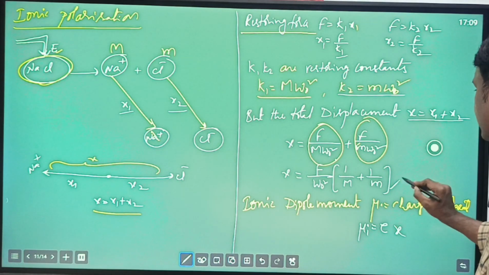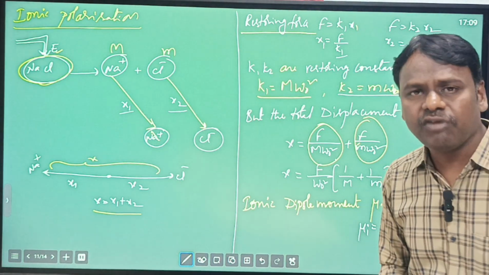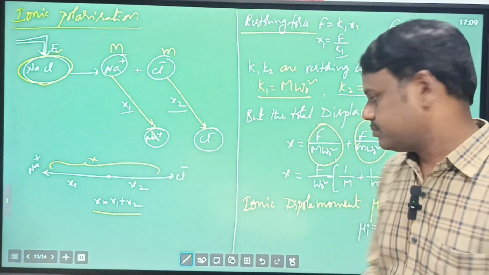So this is the total displacement of the Na+ ion and Cl- ion.